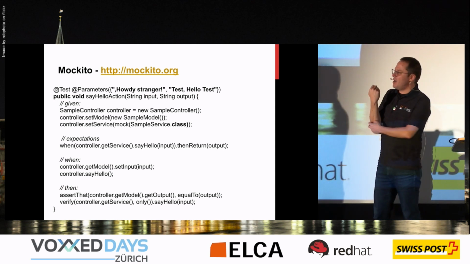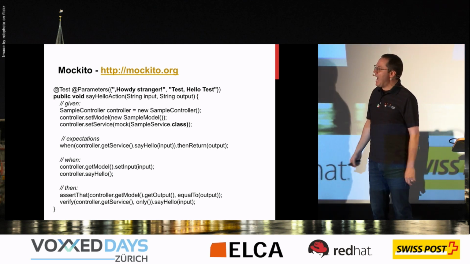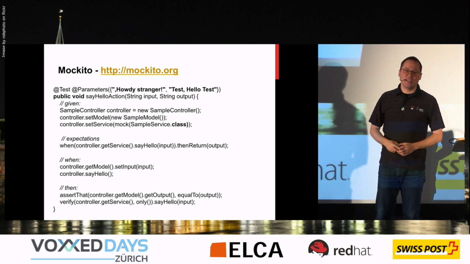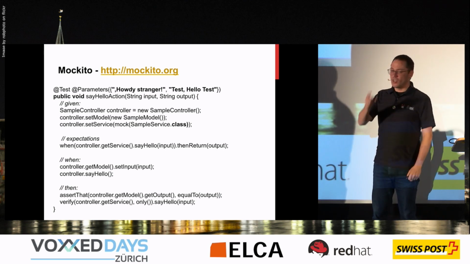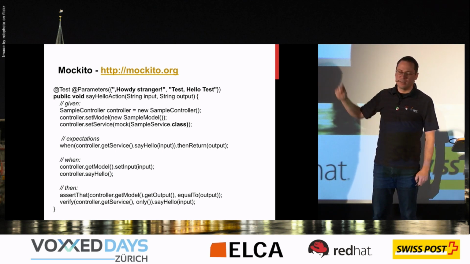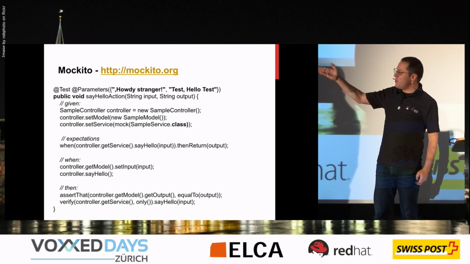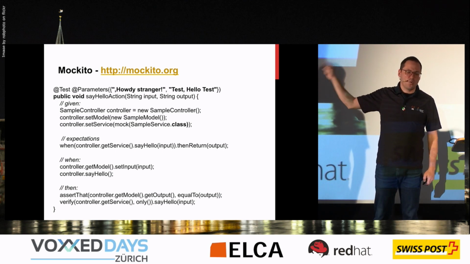In the when block, this is where we exercise our stimuli on the controller, and then we verify that the controller did the right thing, and that our mock was also invoked, in this case only once, with that argument, and then it should be fine. If it were invoked once, but the argument was different, then this test would fail.